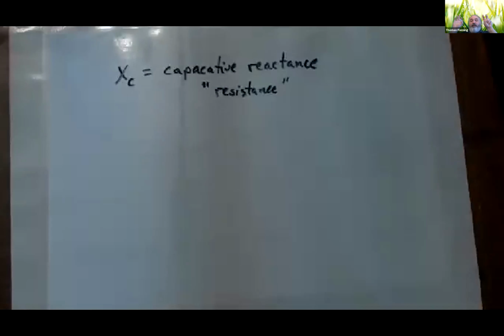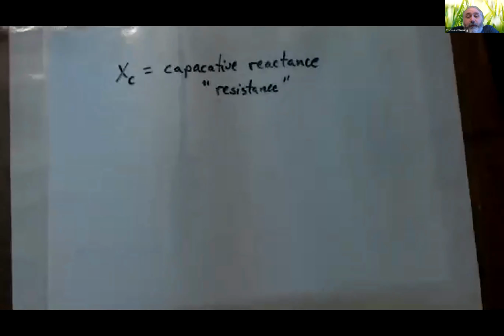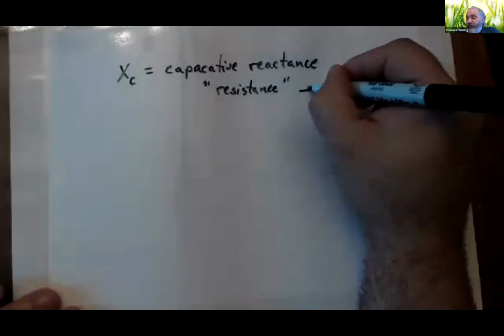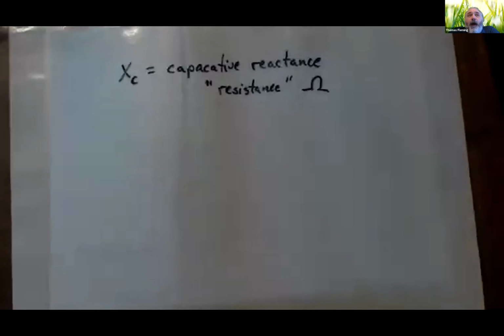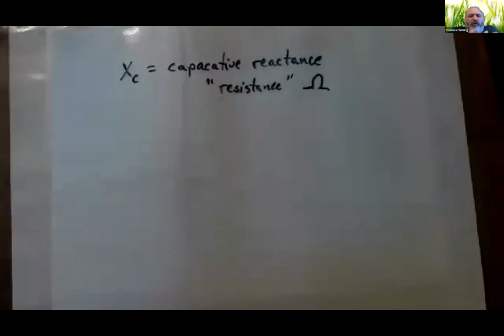It's the resistance, in quotation marks, of a capacitor in an AC circuit. It's got the same units as resistance. You measure it in ohms. Its origin comes from something different, so it's not truly resistance, but it behaves like a resistance. So it's going to be treated like one.